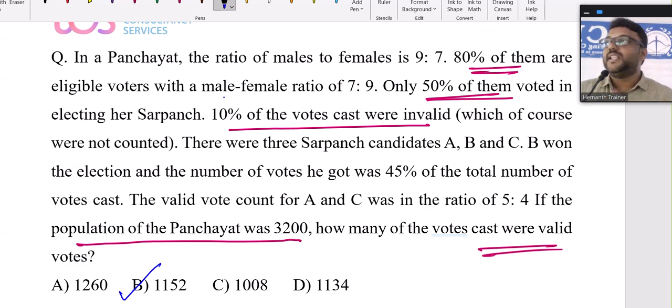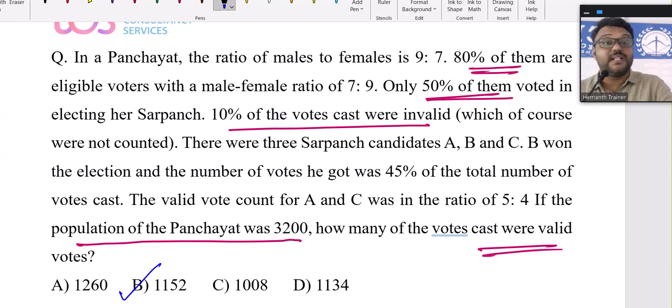Here, these people voted for three. A, B, C are three people who participated in that election for Sarpanch post. B won the election and he got 45% of the total. A and B got some votes, which is 5:4. They gave a lot of those stuff. But all those we can calculate, but this is not required for this question.